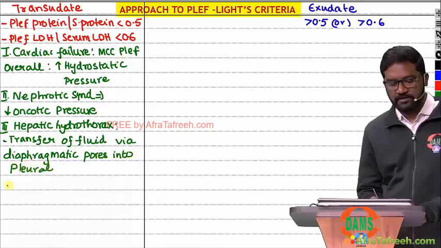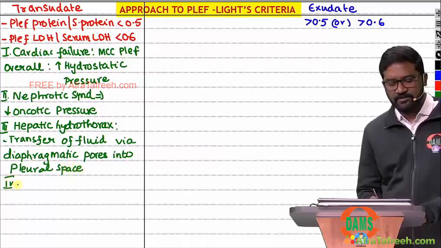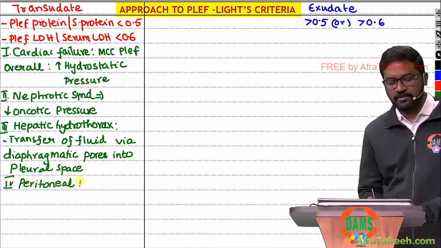The next reason for transudative pleural effusion is a procedure called peritoneal dialysis. You must be knowing dialysis is of two types.